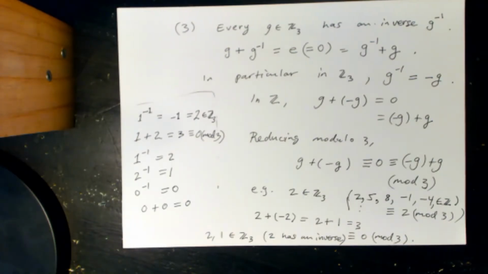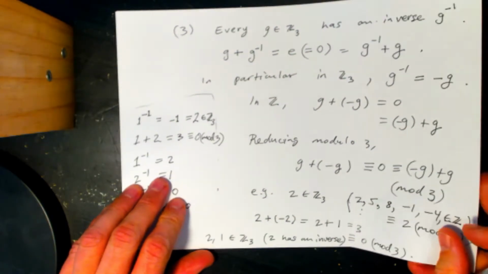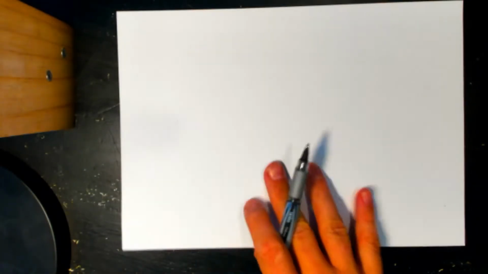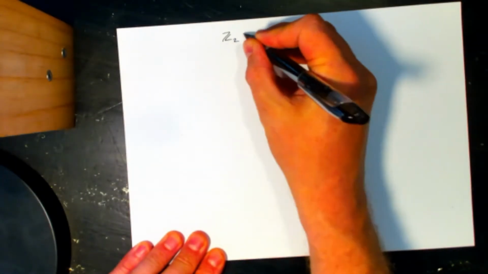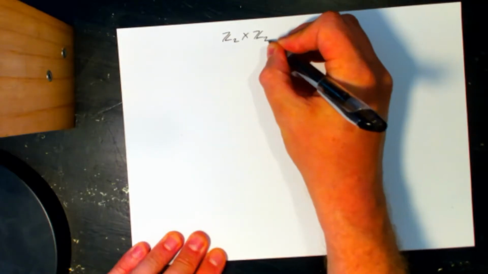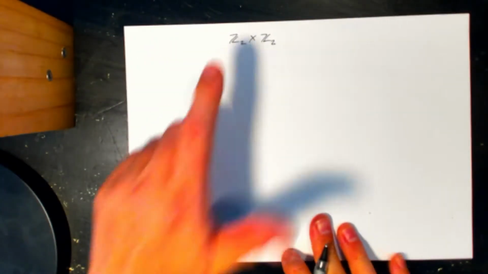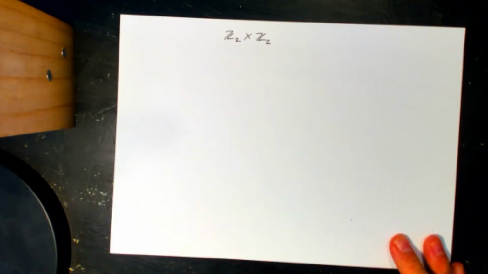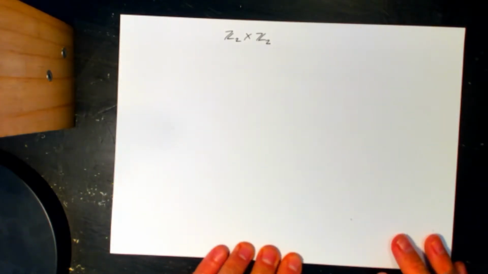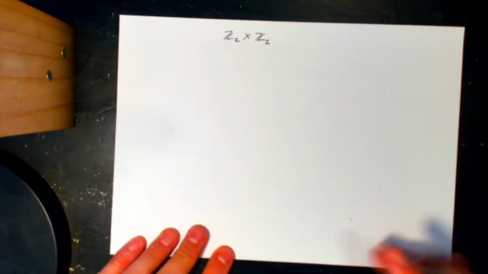Okay, so let's move on now and talk about this group, integers mod 2 cross integers mod 2. Integers mod 2 consists of the remainders 0 and 1, and just like integers mod 3, integers mod 2 is a group.